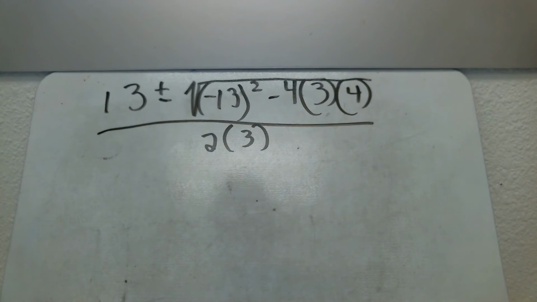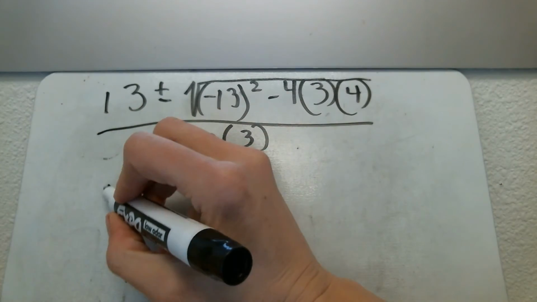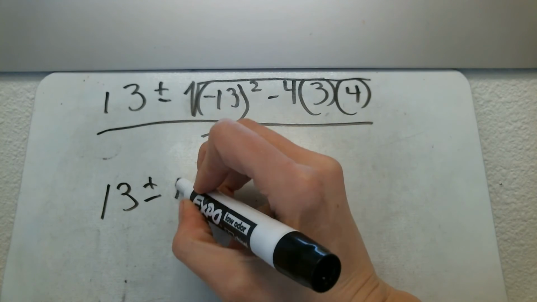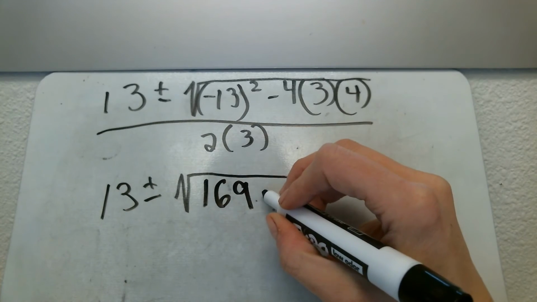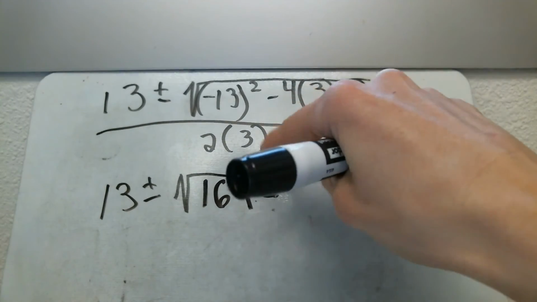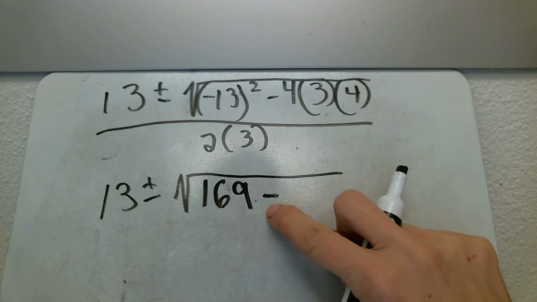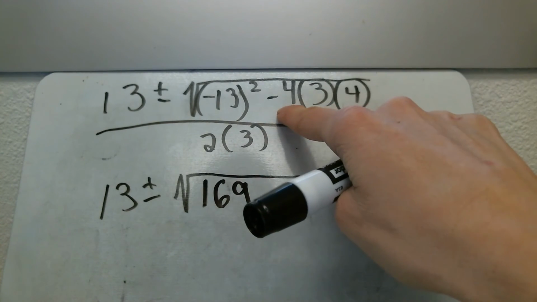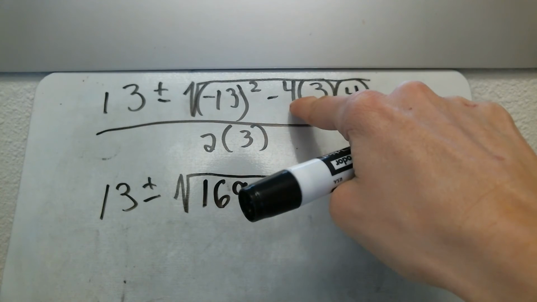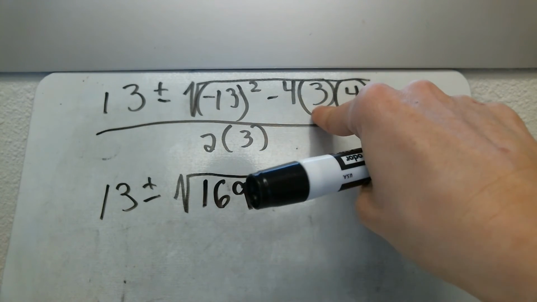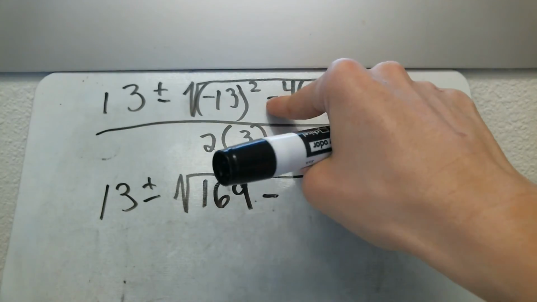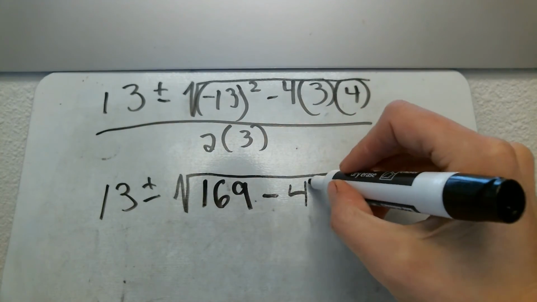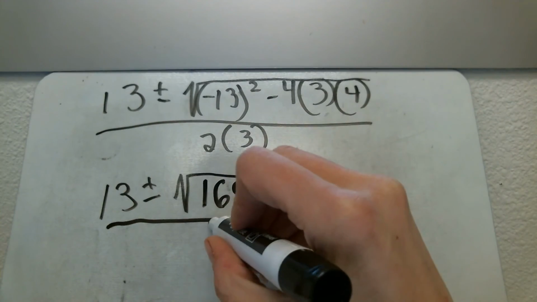Negative 13 times negative 13 gives us a positive number, and when I do that out, I get 169. And then here, I'm going to have a minus 4. So I'm going to multiply these three numbers together. 4 times 3 is 12. 12 times 4 is 48. And I only have one negative, so it's going to stay a subtraction there. And I'm going to divide that all by 6.